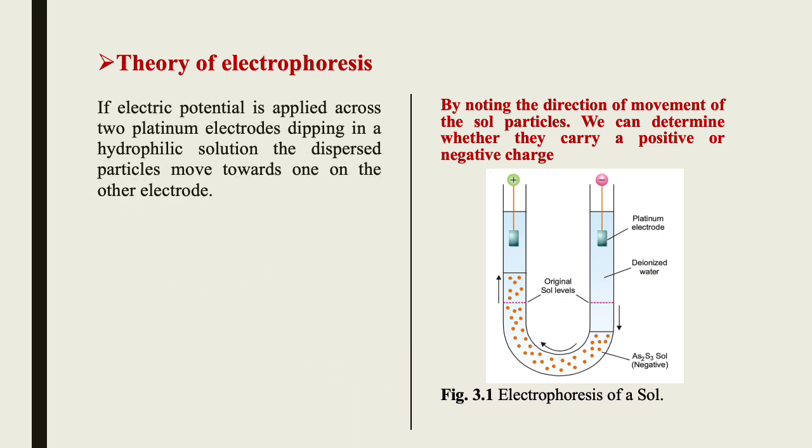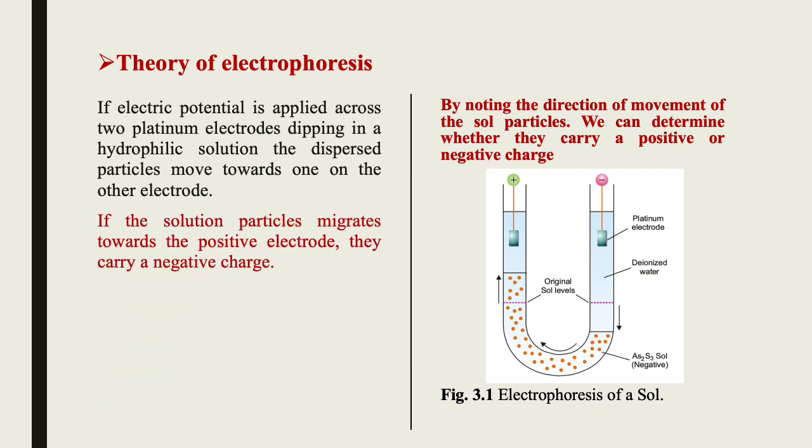If electric potential is applied across these two platinum electrodes dipping in the hydrophilic sol, the dispersed particles move towards one or the other electrode. So it can go here or here, depending on whether they carry positive or negative charge. Suppose the sol particles migrate towards the positive electrode, then they carry negative charge.